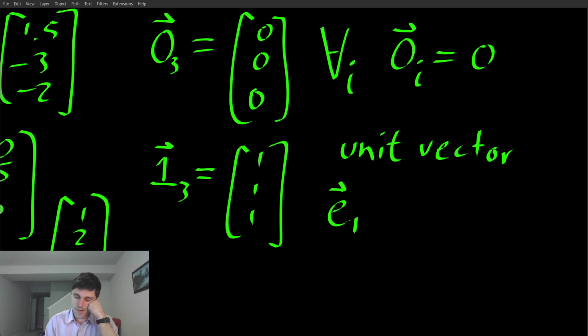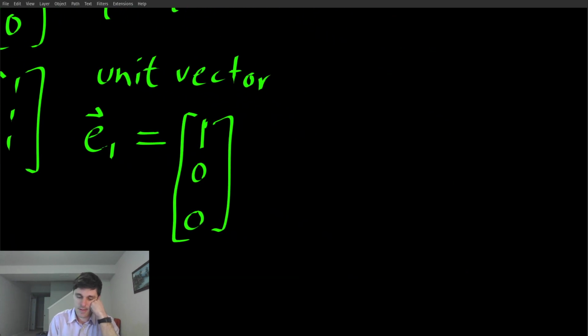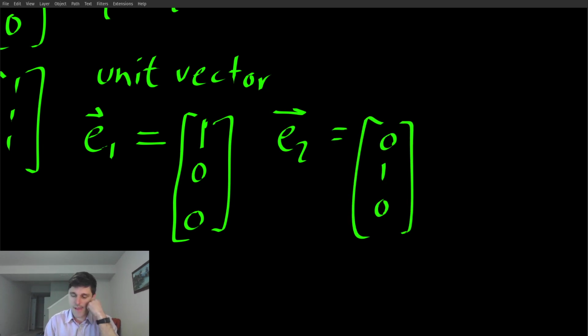I might still put a thing on here, but this is definitely a vector. E1 has a 1 in the first place and a 0 everywhere else. E2 has a 0, 1, 0 pattern, right? And so on. And again, this could happen for any length of vector.